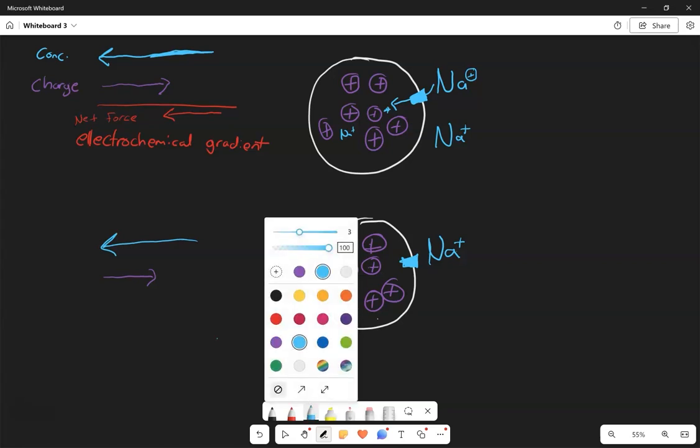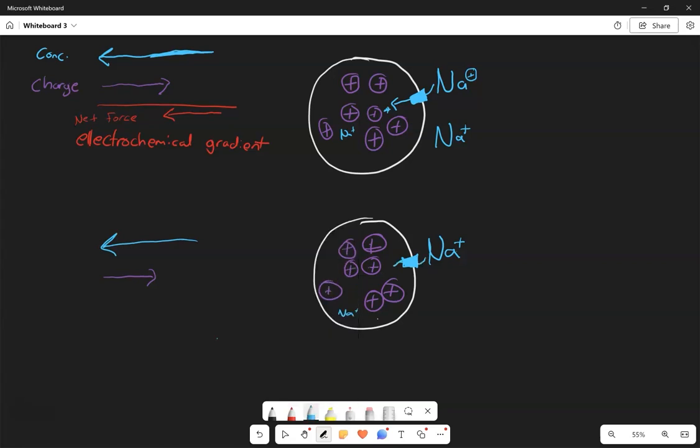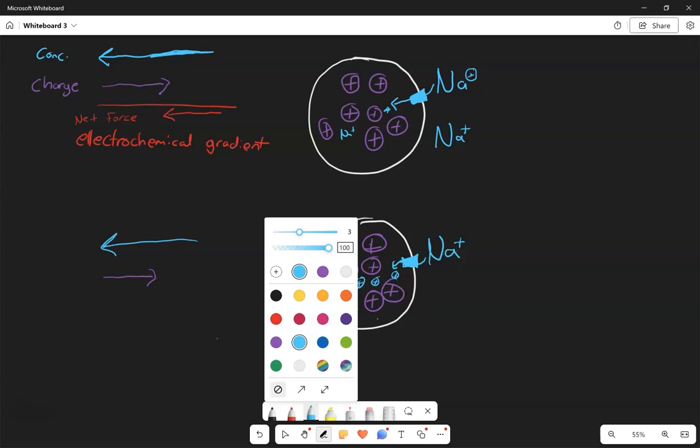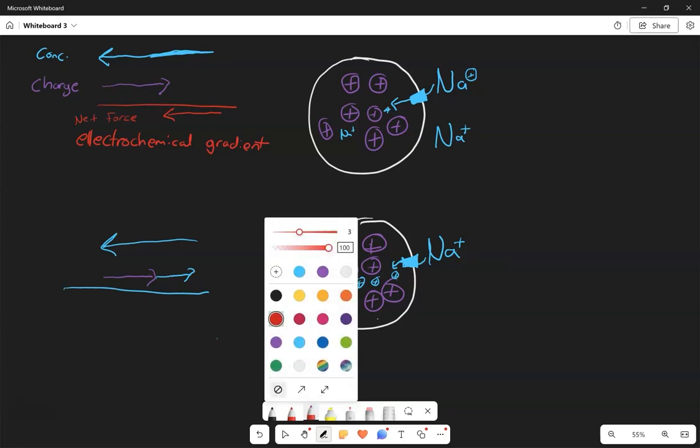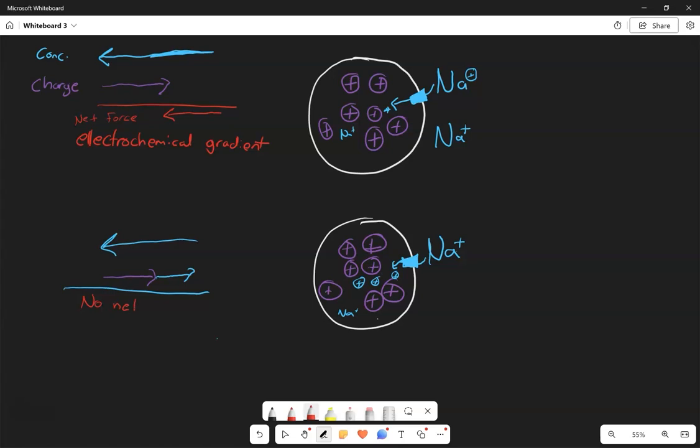Now, when sodium moves into the cell, what's it going to do? It's going to take its positive charge with it, right? So as it takes its positive charge with it, that positive force pushing back is going to increase, right? So eventually we're going to get to a point where we have no net force, okay?